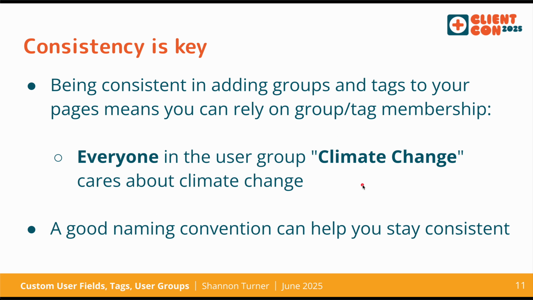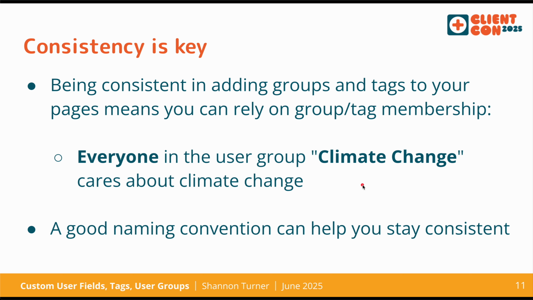But consistency is probably the most important thing here, because if you're inconsistent with tagging and you're creating reports to analyze the performance of your tagged pages and mailings, you won't really be able to trust those results. You might be missing some key data. So being consistent with your tags and groups will help you be able to rely on that tag or group membership.